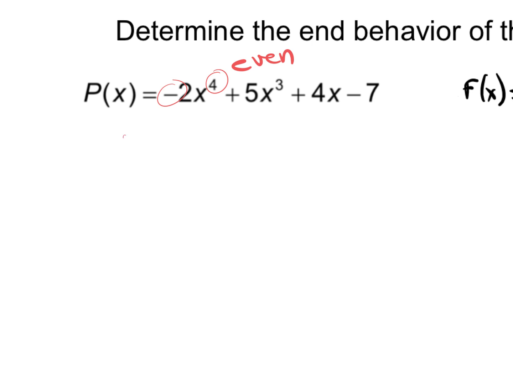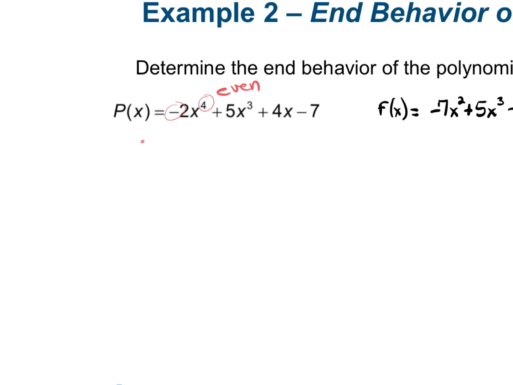So that means this is, first of all, reflected over the x-axis. And we also know it's even, so the end behavior is going to be the same. So how am I going to determine the end behavior? It's going to look downwards.